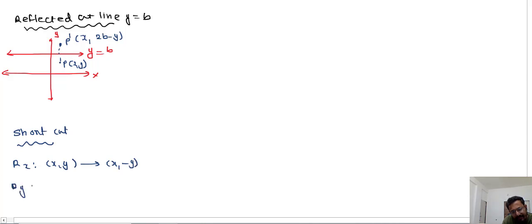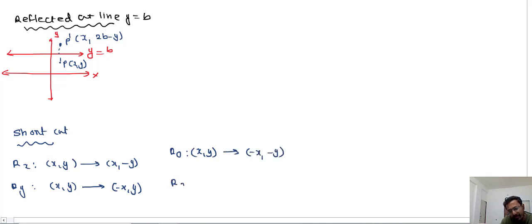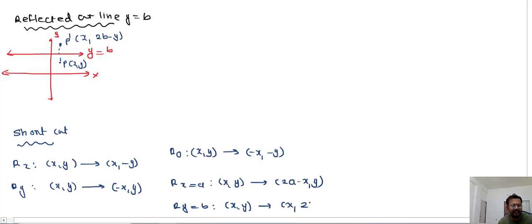Reflection towards the origin: (x, y) becomes (minus x, minus y). Reflection at x equal to a: (x, y) becomes (2a minus x, y). Reflection at y equal to b: (x, y) becomes (x, 2b minus y). Just keep these 5 points in your mind. It's so helpful in MCQs as well as 5 marks questions.